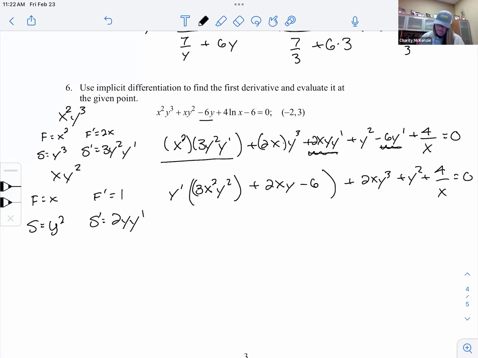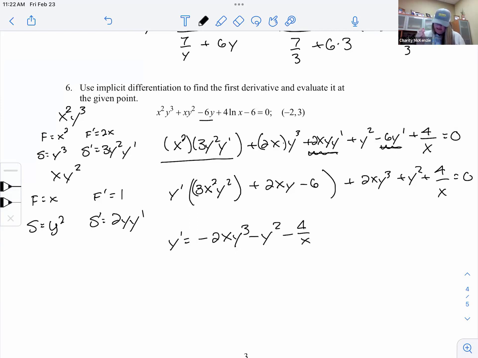So take those terms, right? Move them all over and then divide by this. So it's going to look like this. Opposite sign: negative 2xy to the third minus y squared minus 4 over x.